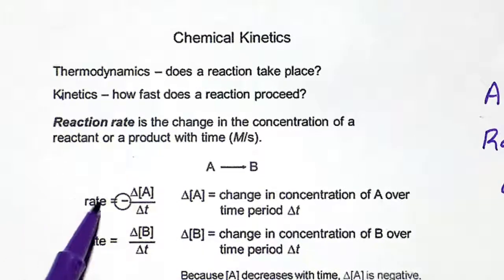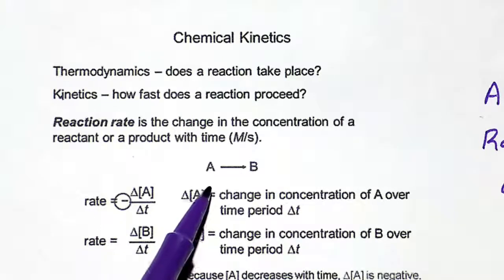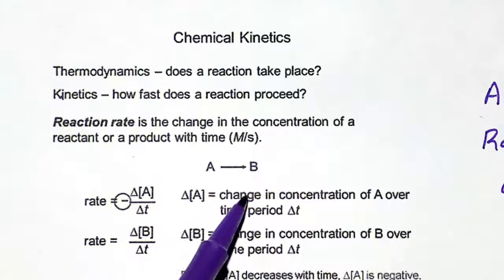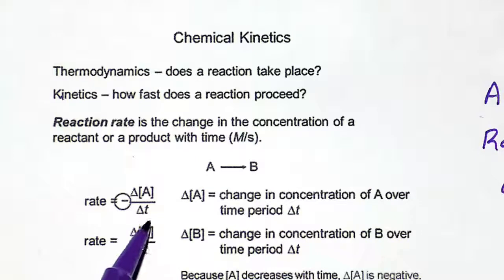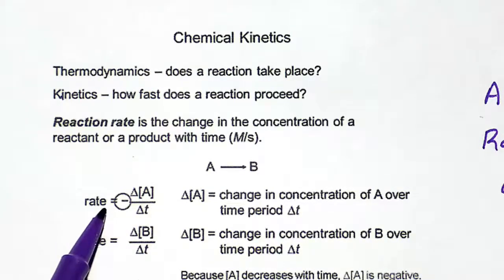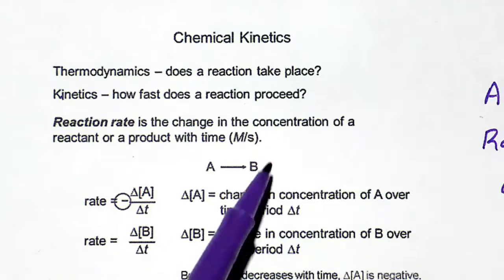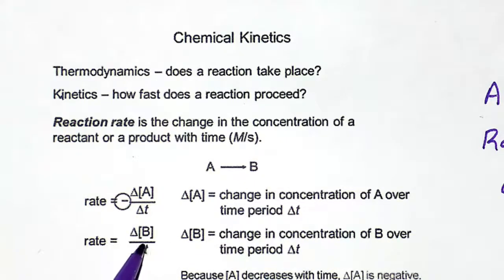This is a more simplistic view without looking into the order of the reaction. The rate of change of the concentration of A over time is going to be negative, and the change in concentration of B over time is going to be positive. For those of you that have calculus training, this is the derivative of A with respect to t, time, and that's decreasing.